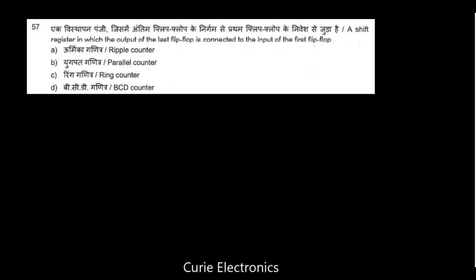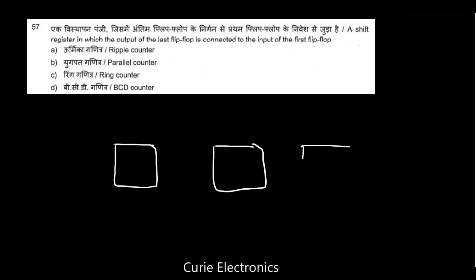Question number 57. A shift register in which the output of the last flip-flop is connected to the input of the first flip-flop. See here, we have flip-flops. Let's take 3 flip-flops: flip-flop 1, flip-flop 2, flip-flop 3.